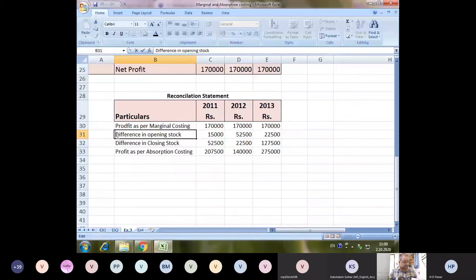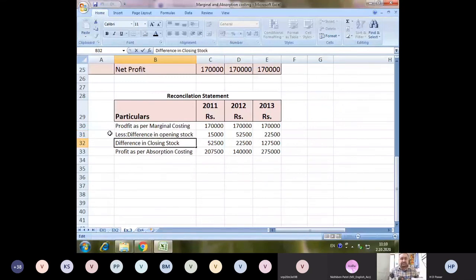No, that is not the correct answer. So 1,70,000 minus 15,000, opening stock less. Okay, and the closing plus 52,500. Then it is 2,07,500. So opening is less and closing is added. This is the rule, and this rule works in all the years, right?